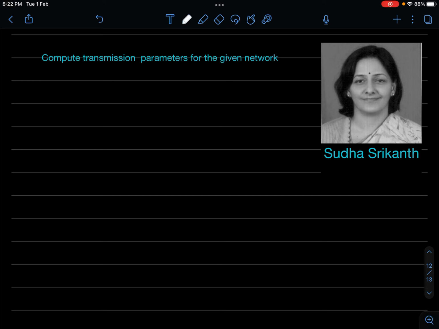So the network goes this way. I will write the network now. I have a resistor, one ohm. There are two capacitors, one on either side of 1 ohm.